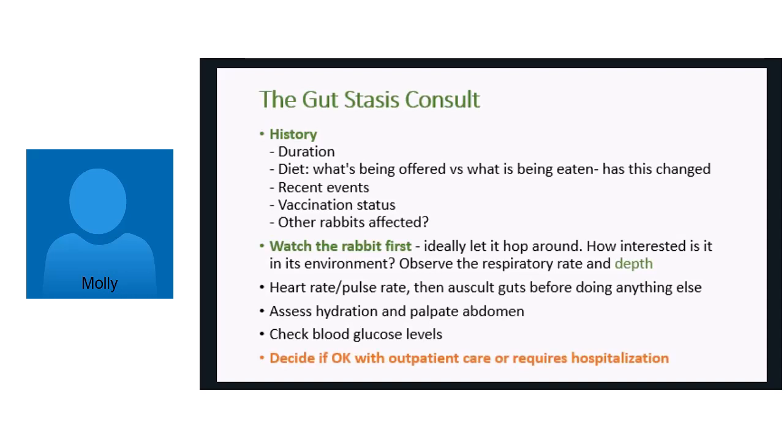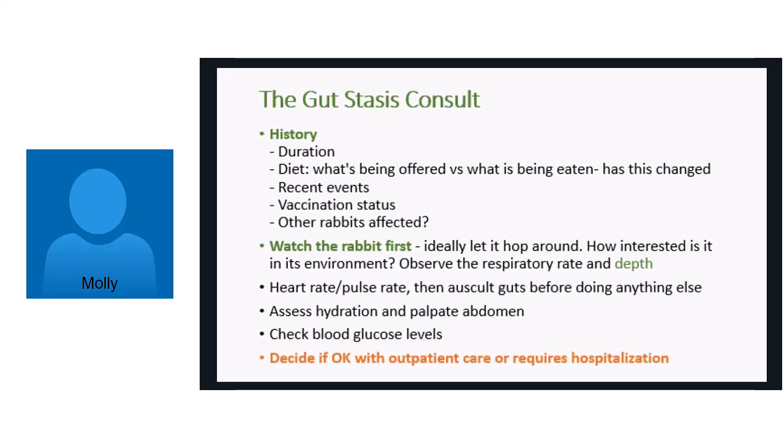And I'll actually check my respiratory rate and time it before I touch that animal. Then I absolutely do the heart rate, pulse rate before perhaps I even move that animal off the floor. Only then do we go ahead and auscultate the guts and palpate or anything else. Certainly I would get a heart rate and a respiratory rate prior to doing anything that may cause that rabbit pain or distress.